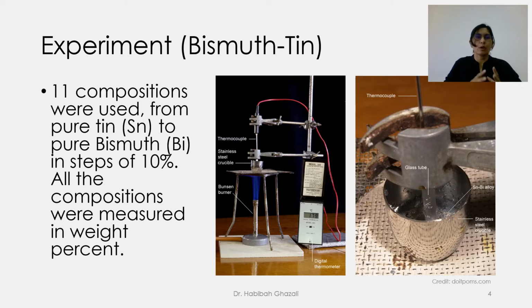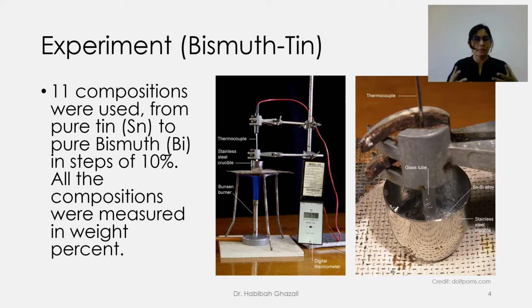The same as with the isomorphous system, the construction of the phase diagram is done by constructing the cooling curves of various compositions of a binary alloy consisting of two elements. Here in this lecture, I will use bismuth-tin as an example.